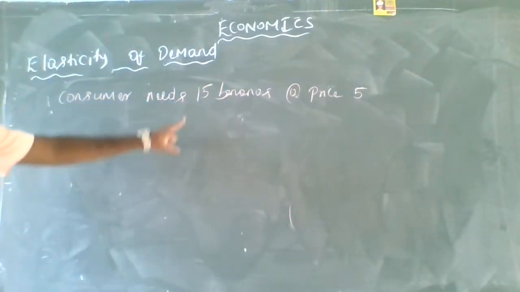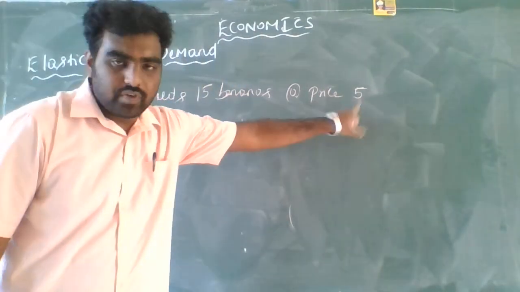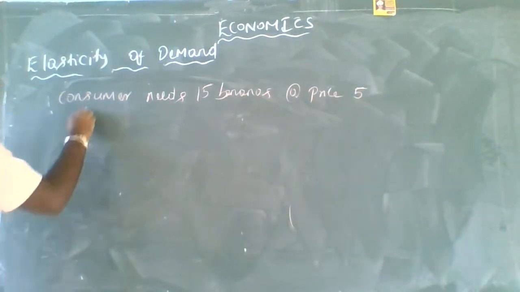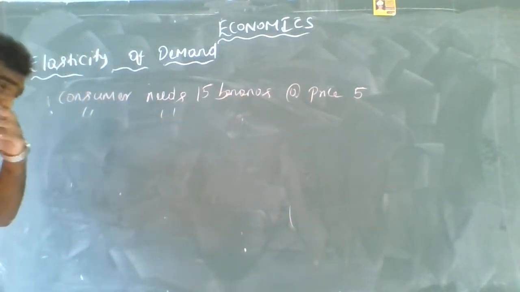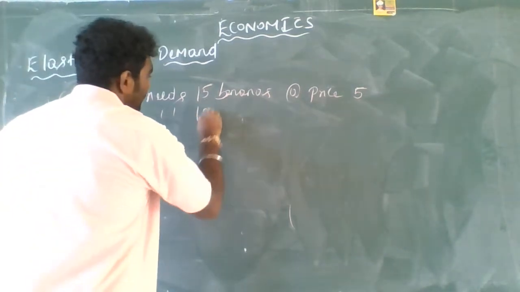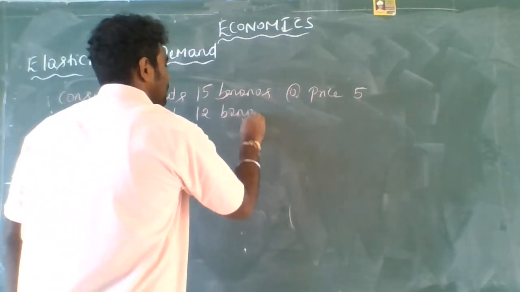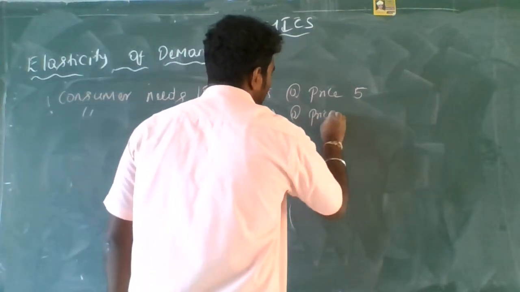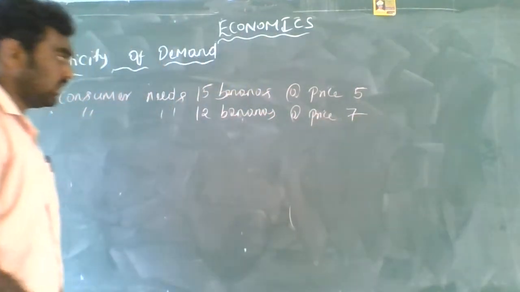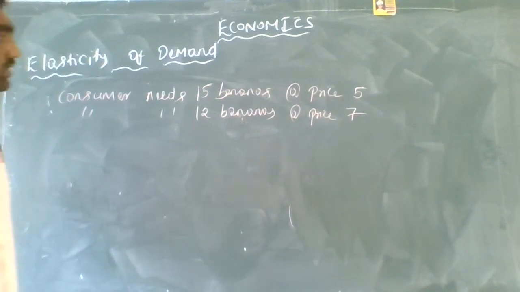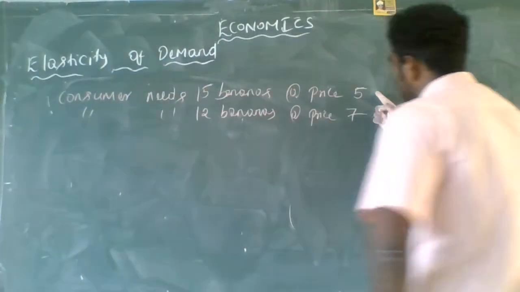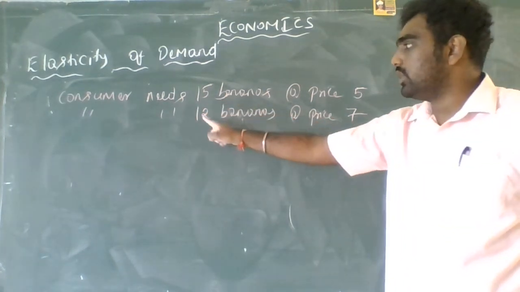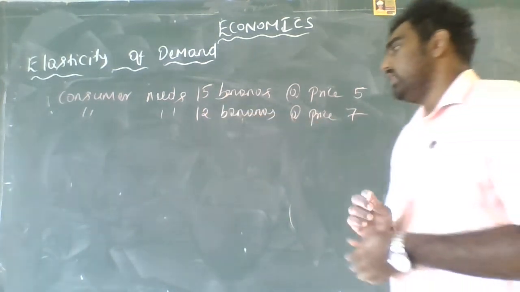He is purchasing 15 bananas at rupees 5. Again, the consumer needs 12 bananas at price 7. So we understood that when the price increased from 5 to 7, the demand decreased from 15 to 12, as it is a negative relation.